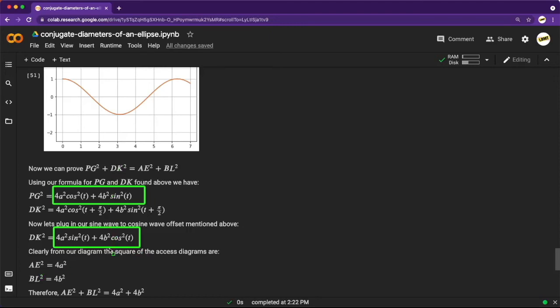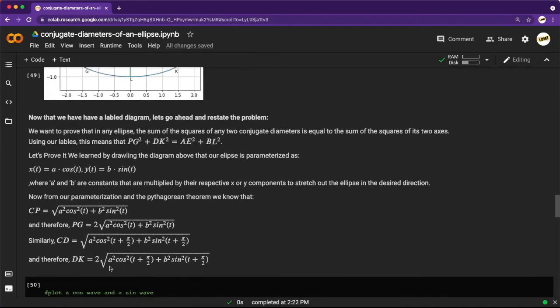And let's talk real quick about our axes. So it's pretty clear that AE squared equals 4a squared and BL squared equals 4b squared. But just in case that's not clear to everybody, let's go look at it in the diagram.